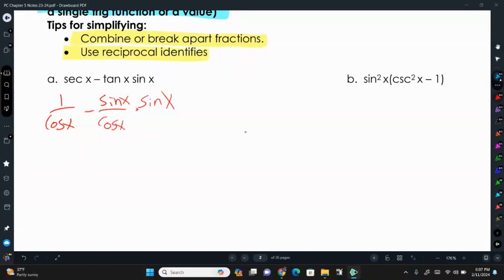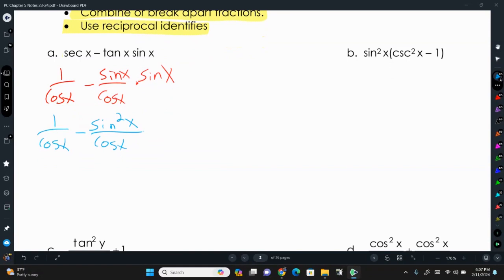Now, what we can do is say 1 over cosine of x minus sine squared x over cosine x. Okay, so now that they have the same denominator, we can combine those. 1 minus sine squared x over cosine x. Now on our identity sheet, we can see that 1 minus sine squared of x is equal to cosine squared of x.